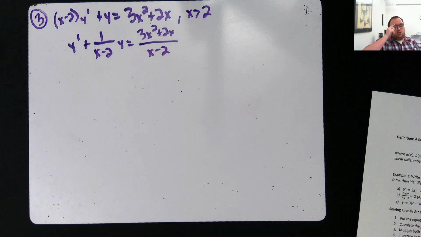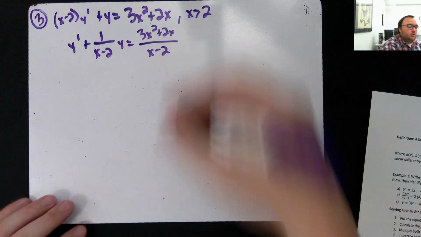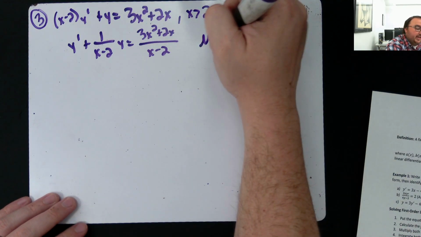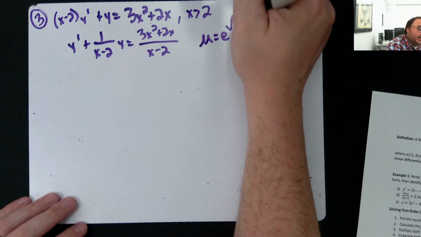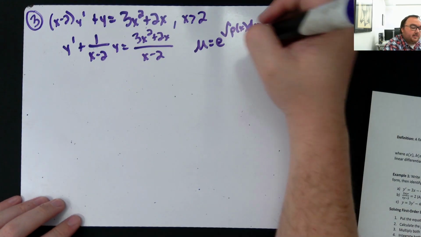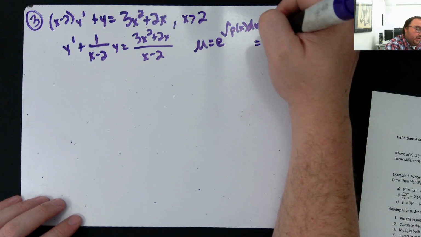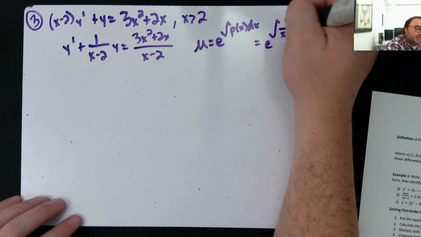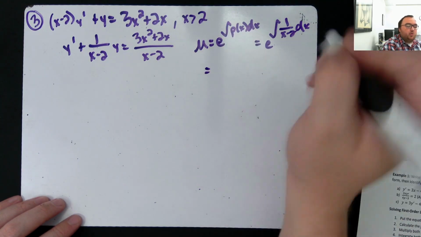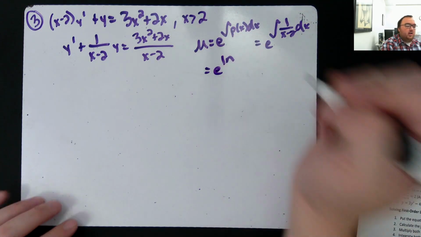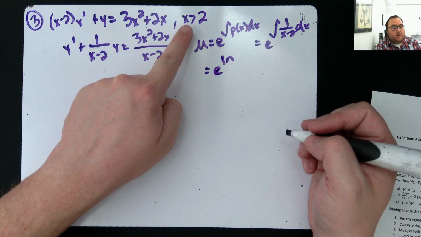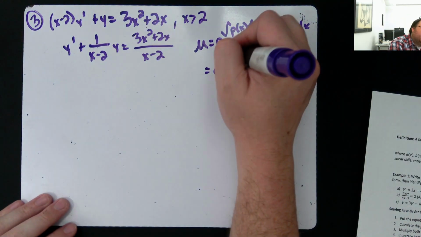I am now in standard form, so I'm happy. So now I can find the mu, which is e to the integral p(x) dx. Well, p(x) is 1 over x minus 2 because that's what's in front of y. Integral of that's just the natural log. Again, the reason I have x is greater than 2 is so that I can just leave this as x minus 2.